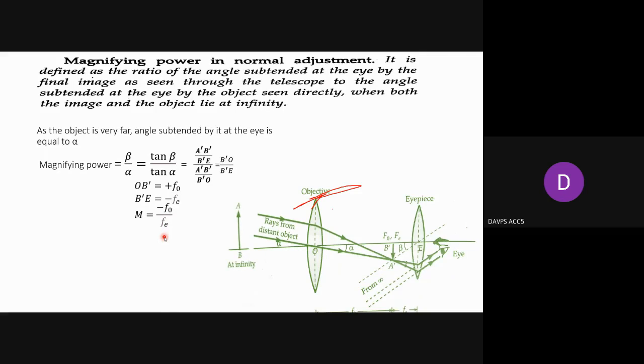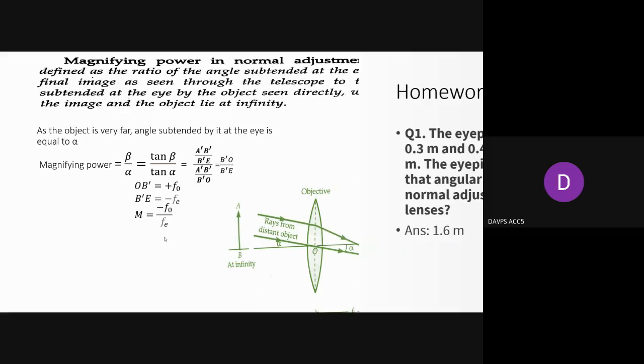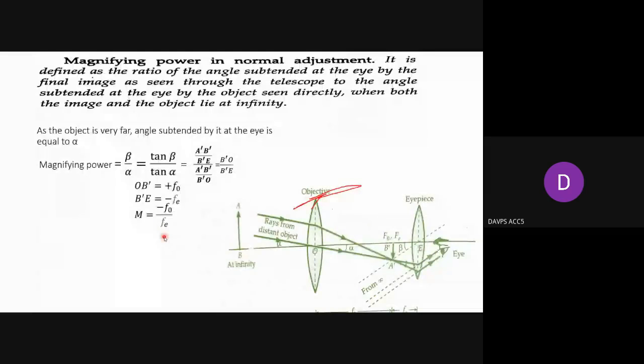Clear? Anybody in doubt? Both formulas are just this. Suppose the question is coming for the astronomical telescope: the question will ask you to find the magnification and draw the ray diagram. Normally it comes in 5 marks form. If a 5 mark question comes, drawing the ray diagram is a must, which carries almost 2 marks, magnification 2 marks, and how the image is formed 1 mark.